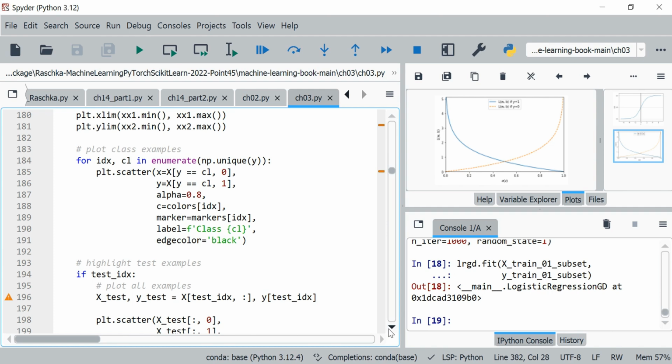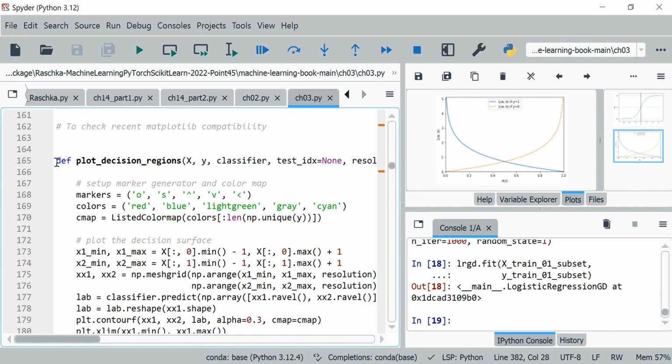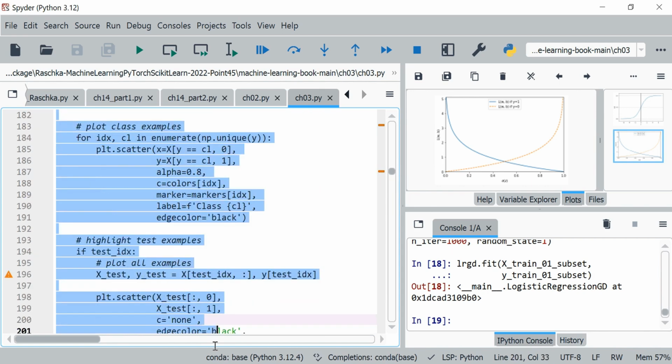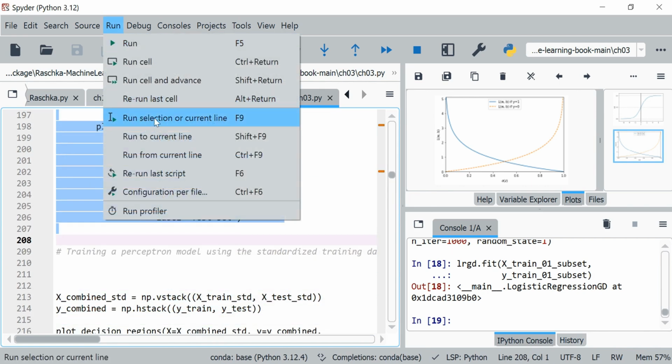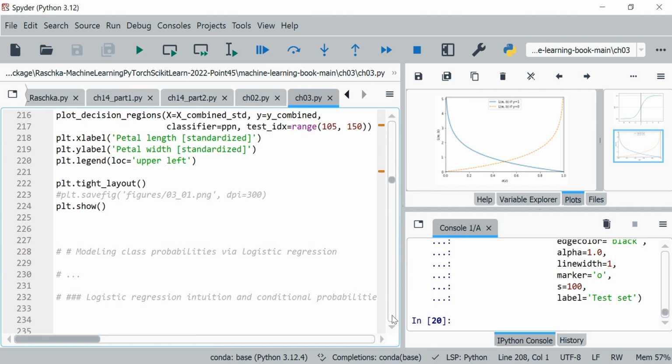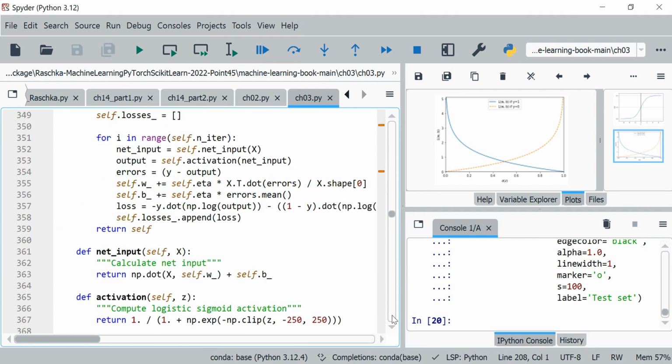So we will see if the observed values stay in the same region as the model's decision region. This is the idea of this function.